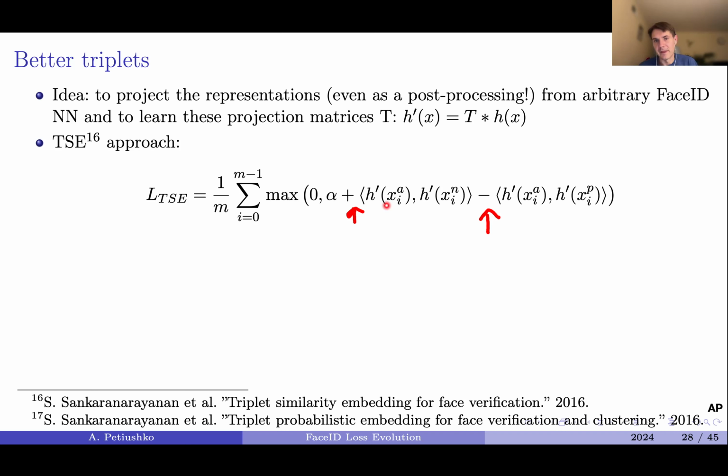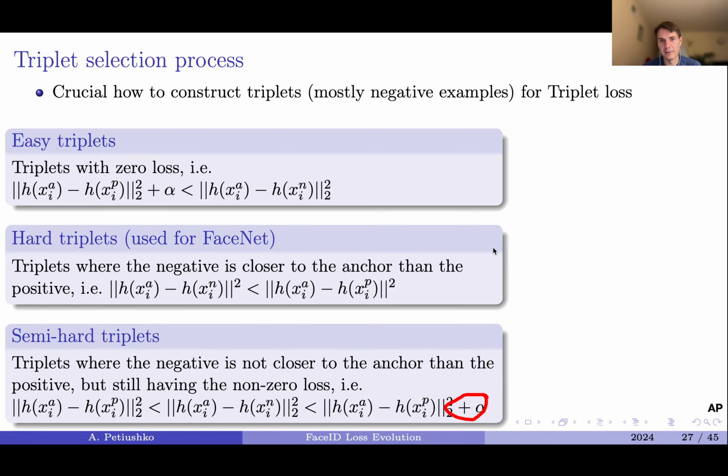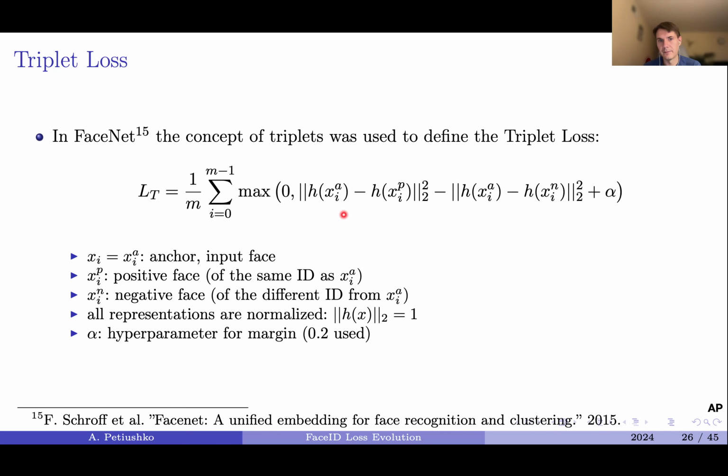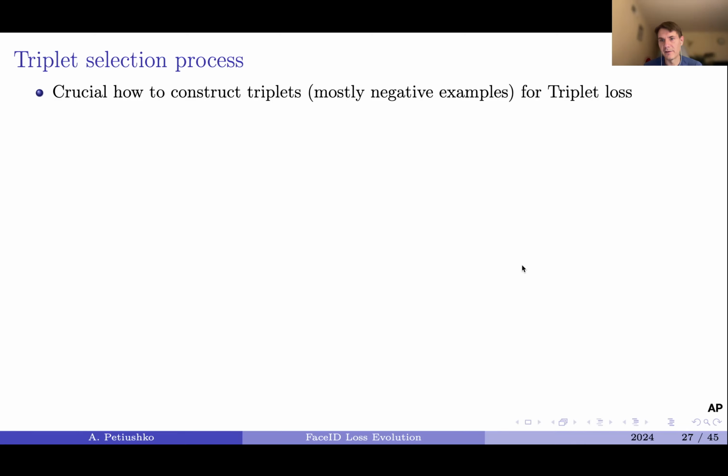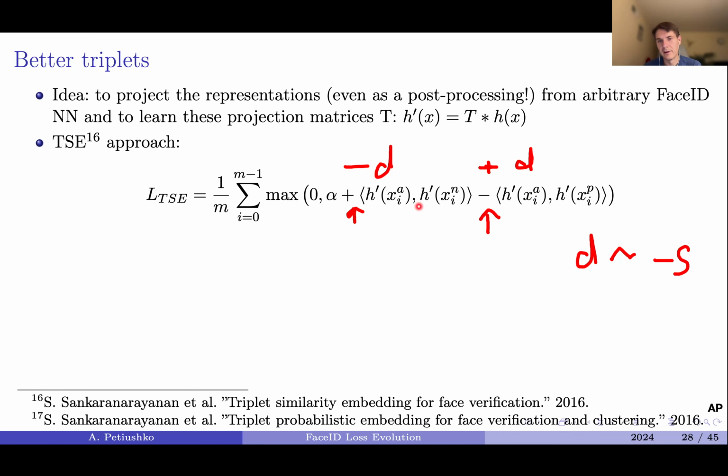Recall that for distances we have minus distance plus distance, but please don't be afraid, this is the same, because distance is something like minus similarity. So the bigger the similarity, the smaller the distance, and vice versa, and that's why we have different signs here. Plus for positives, minus for negatives, and plus for alpha. And here we have plus for negatives, but minus for positives, and again plus for alpha.